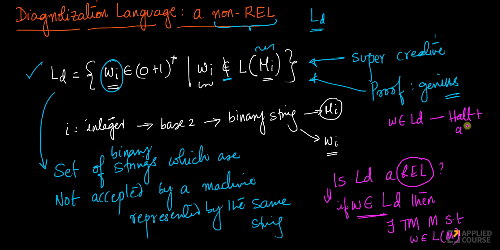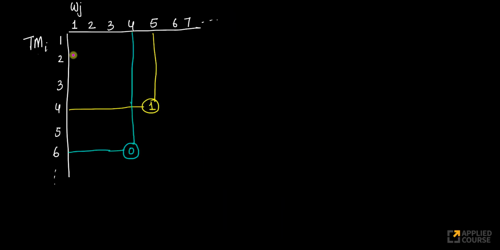If it doesn't belong, let's assume W doesn't belong to LD, then I have two possibilities: halt and reject, or infinite loop. So whenever the word belongs to LD, I should always halt and accept. I need to construct a Turing machine which does this. Now what we will prove is we cannot construct such a Turing machine, through a very ingenious idea called diagonalization.